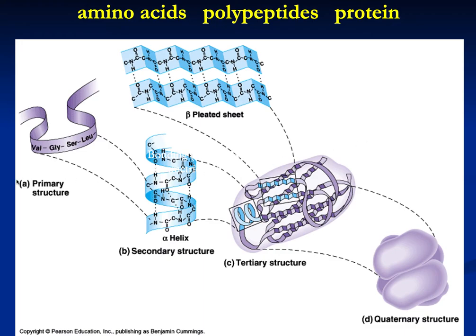Okay, the primary structure here is showing that valine, glycine, serine, and leucine are all specific amino acids, and you can kind of see their chemical structure here. Again, the amino acids are composed of carbon, hydrogen, oxygen, and nitrogen, and sometimes sulfur.